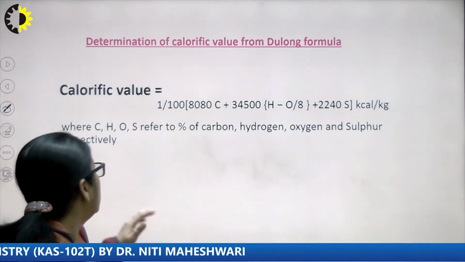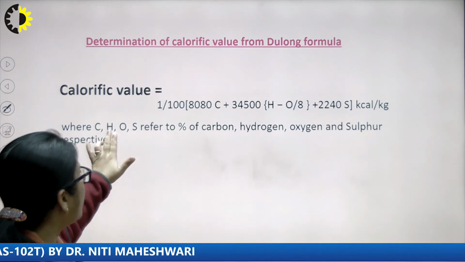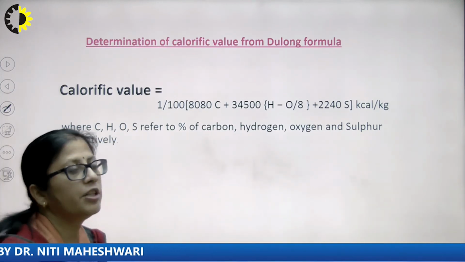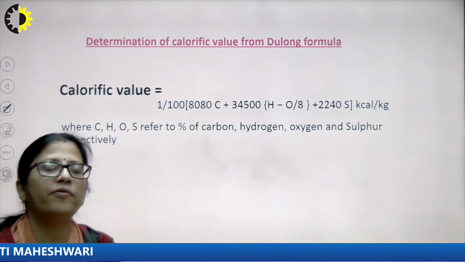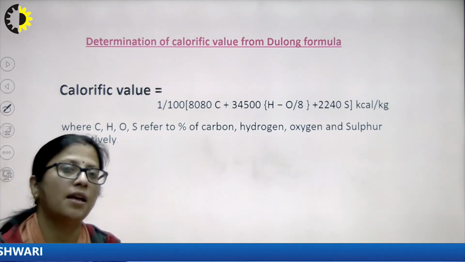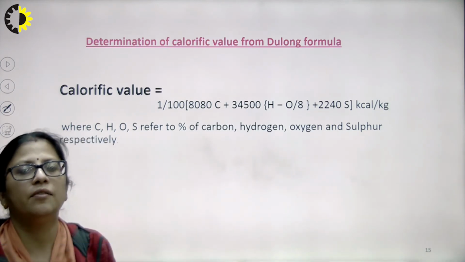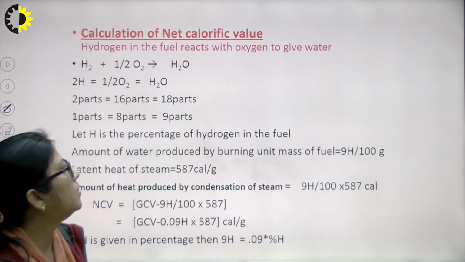Here, carbon, hydrogen, oxygen and sulfur refer to the percentages of carbon, hydrogen, oxygen and sulfur present in the fuel.